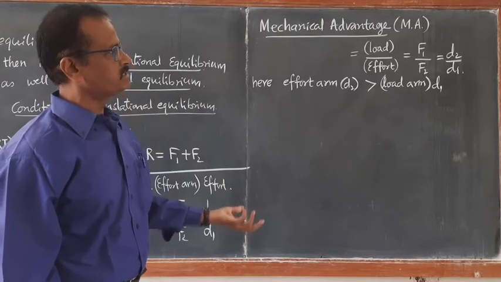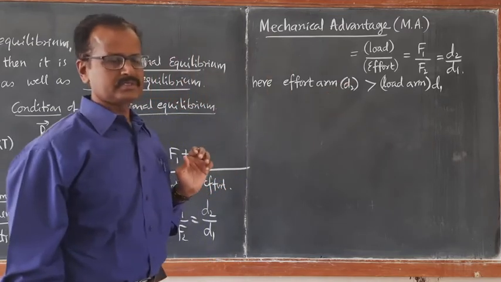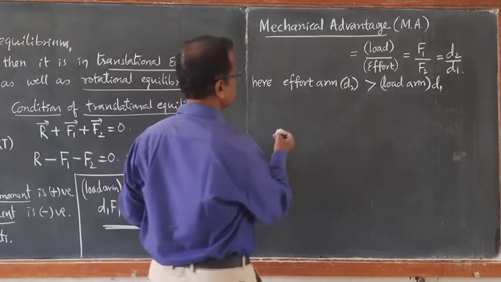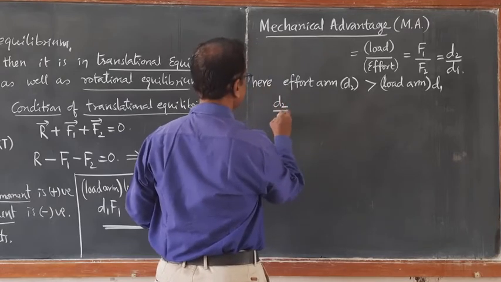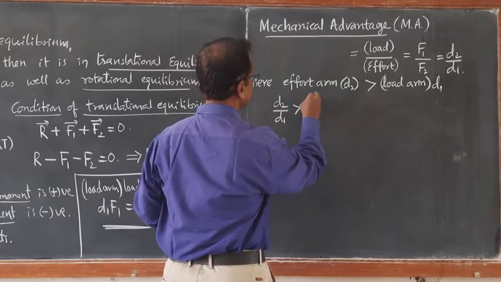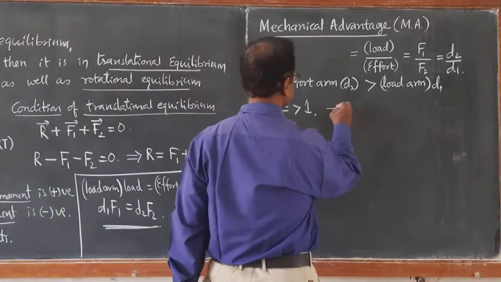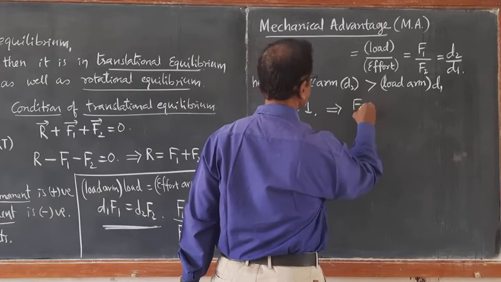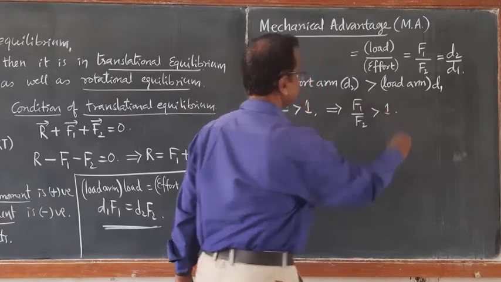Therefore, although F1 is greater than F2, we require less amount of force. Or you can just say, since D2 is greater than D1, D2 by D1 is greater than 1. So this implies F1 by F2 is greater than 1.